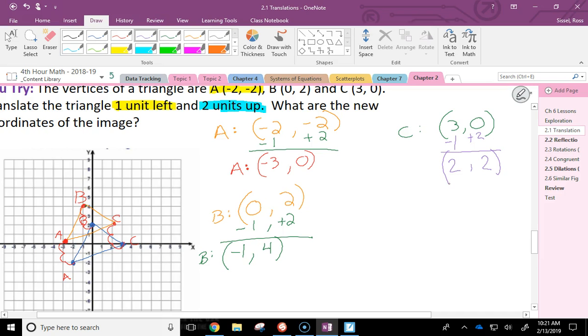So we -1, plus 2. We should get C to be at 2, 2. It's correct.